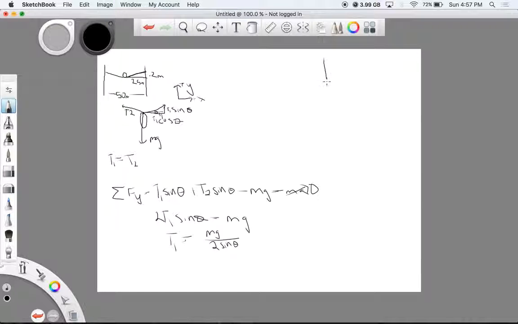Let's draw another triangle, nice and large. We know that it sags by 0.20 meters, and this is 25 meters, and here's theta in the middle.